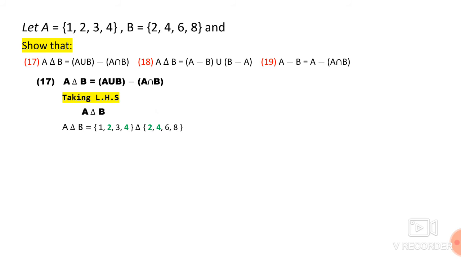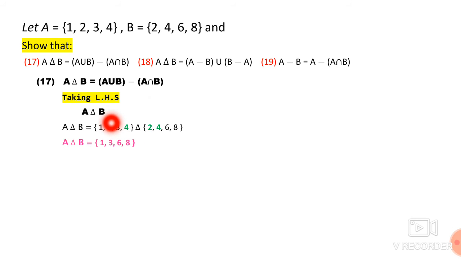We just cancel out the same elements and write down the remaining elements of both the sets. Here 2 and 4 will be cancelled out and the remaining elements of first set will be 1 and 3 and remaining elements of second set will be 6 and 8. So A symmetric difference B will be 1, 3, 6 and 8.